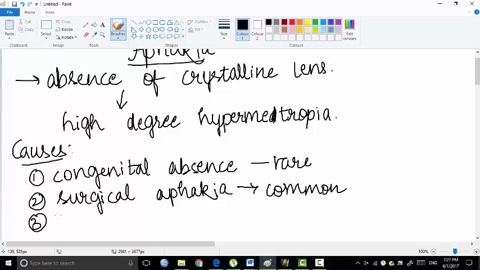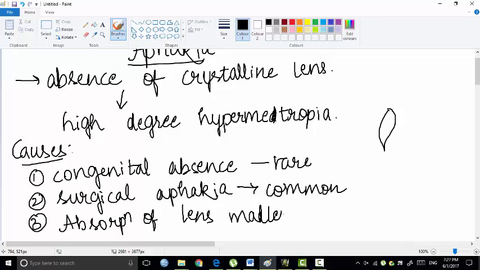The third type is if the lens is completely absorbed by something, that is absorption of lens matter. Even this may lead to aphakia, right?